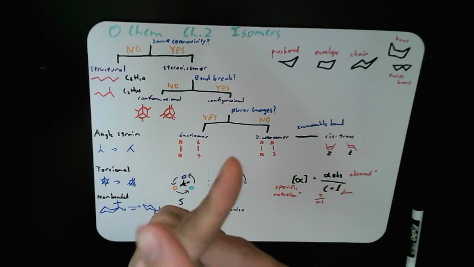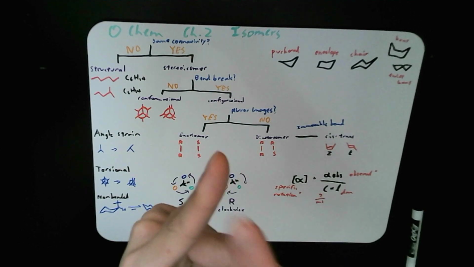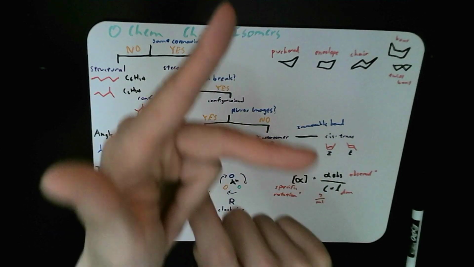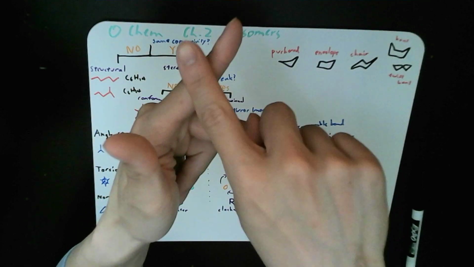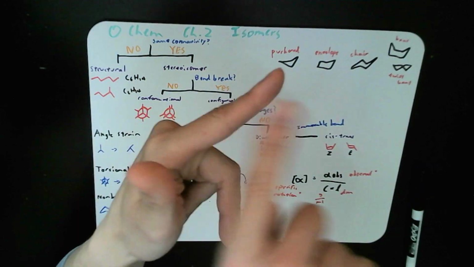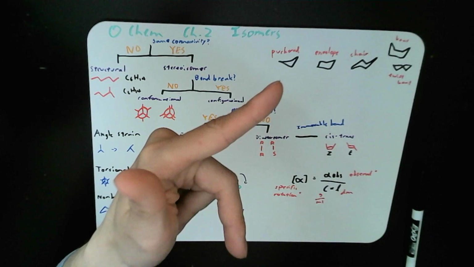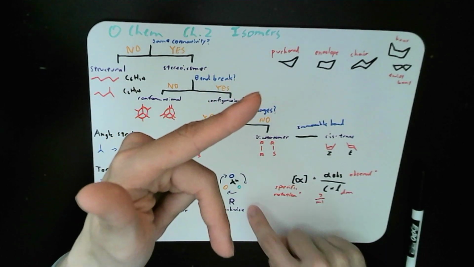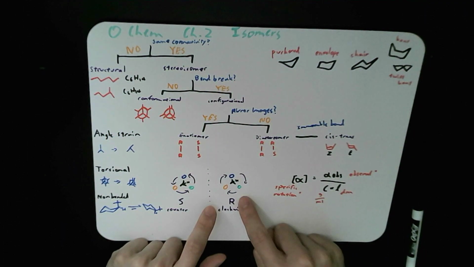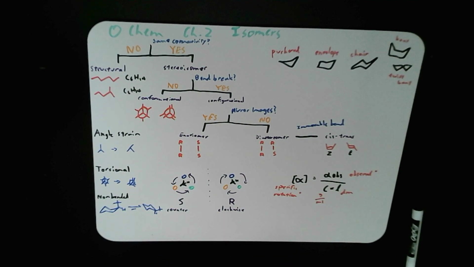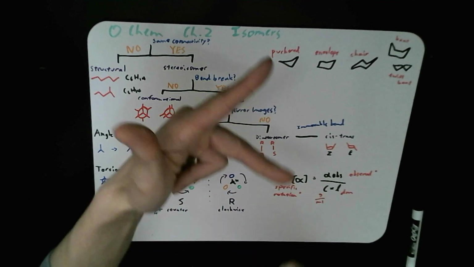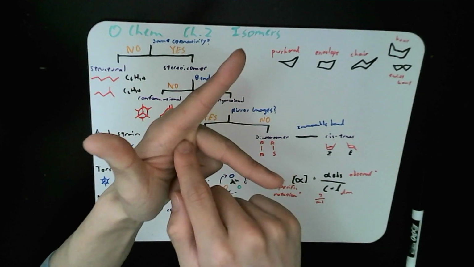So this would be the highest. So 1, 2, 3, and 4 will be my hydrogen. So I would go around this like a top, around this way, and that is clockwise. So that would be the R configuration for this chiral center of carbon. Remember, carbon is in the center.